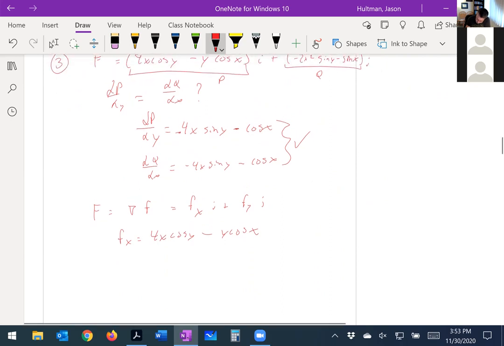Now I want to integrate this with respect to x. So this is going to be 2x squared cos y minus y sin x, plus some c of y, some constant with respect to y, plus k.